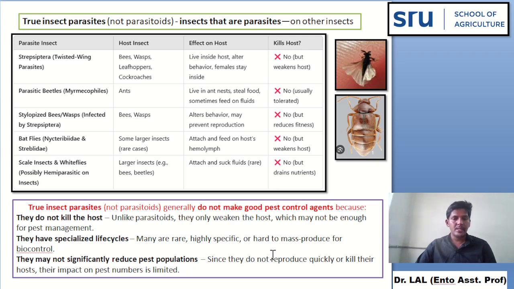For example, see here parasitic insects on host insects. Strepsiptera: the host insects are bees, wasps, leafhoppers, cockroaches. For parasitic beetles, the host insect is ants. For scale insects and whiteflies, the host insects are larger insects such as bees and beetles.